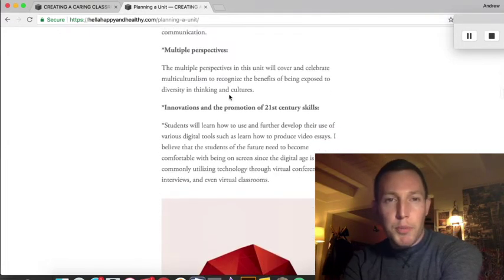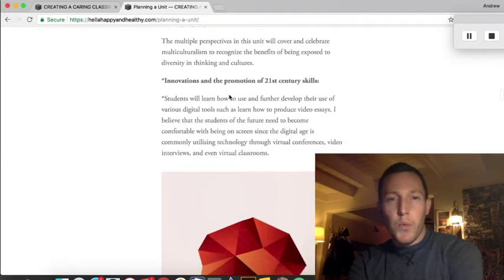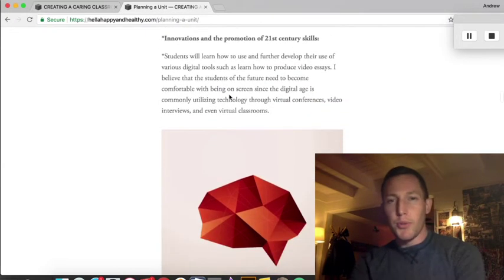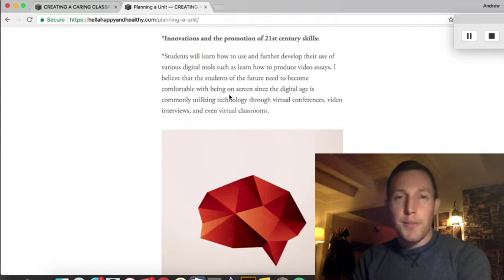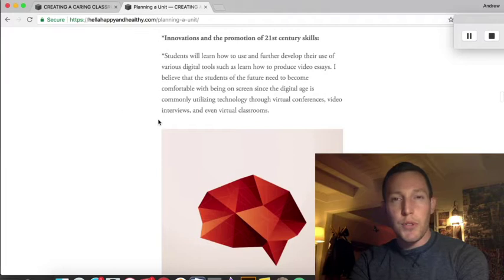For multiple perspectives, I want students to have a greater understanding of different cultures and different ideas that are expressed. One way of doing that is through innovations and promotions of the 21st century.